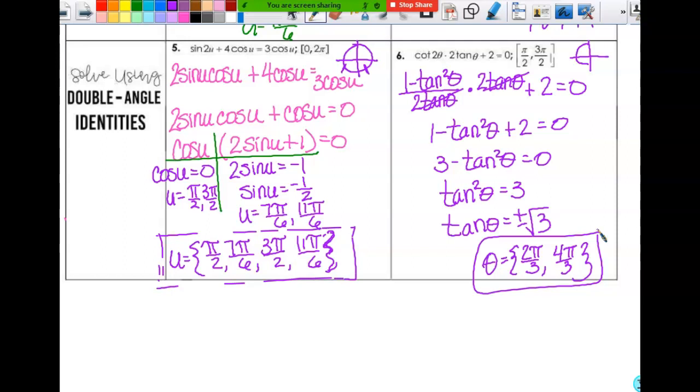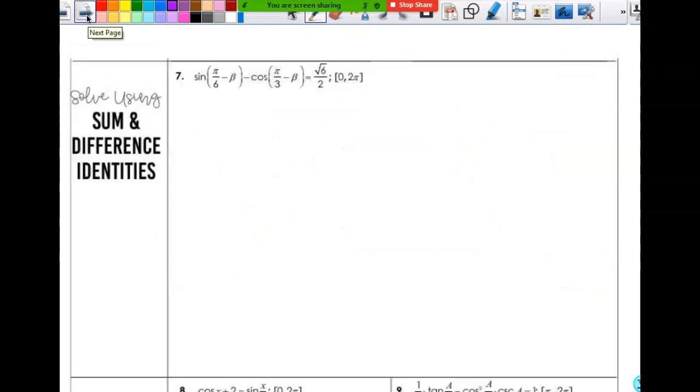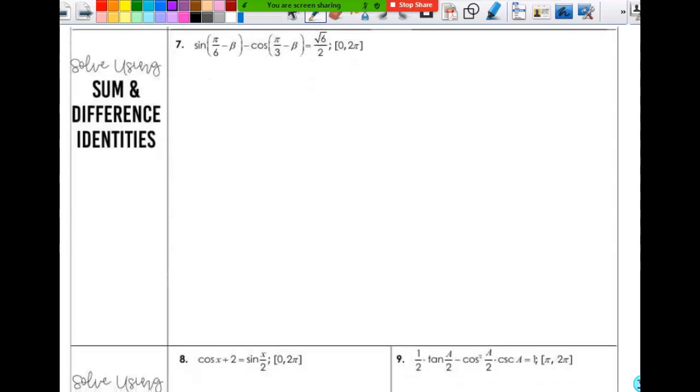Okie dokie. Let's look at number 7. All right, so I'm going from 0 to 2 pi, and that means I'm using the whole circle.